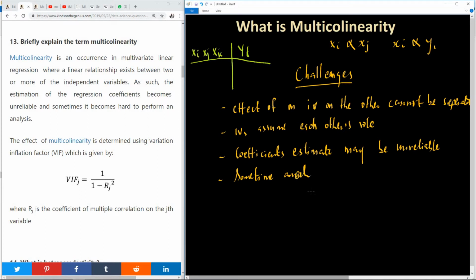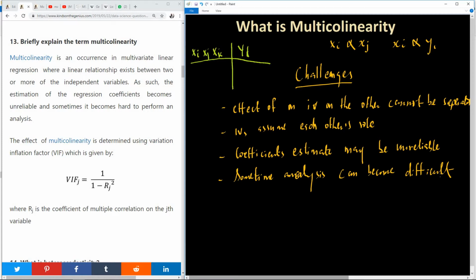Analysis can become difficult or even impossible. So these are the problems of multicollinearity.